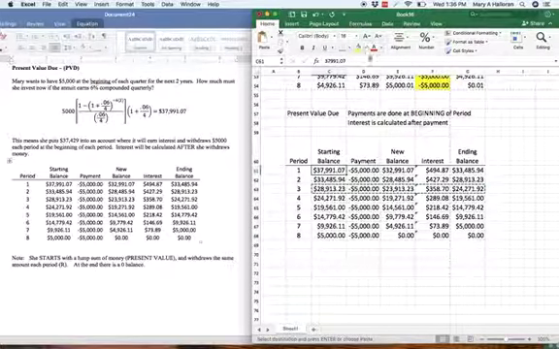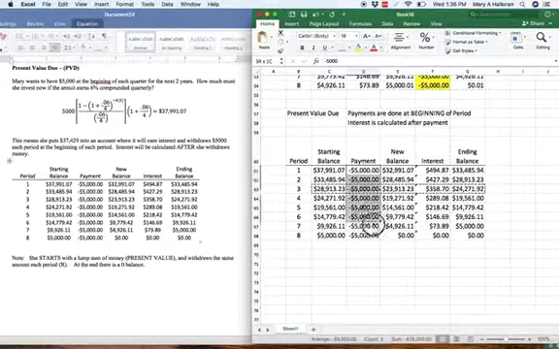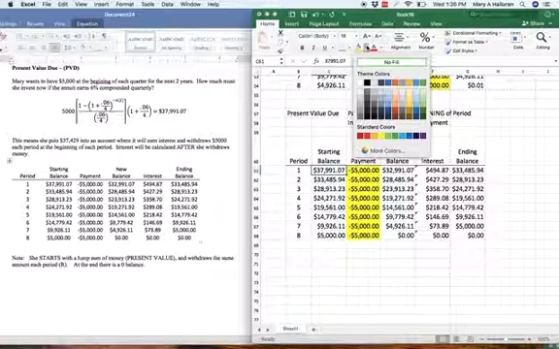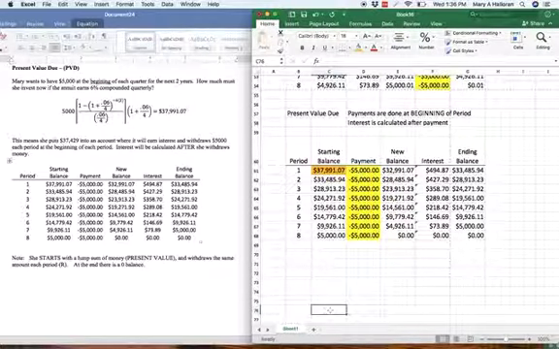Once again, do you see the repeated amount was 5,000? That was my R. I had to start with a big chunk of change, and when I was done, I had nothing. So this is present value, this number right here.